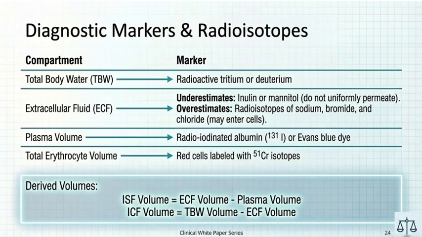Plasma volume is measured using a labeled albumin or dyes like Evans blue. Red cell volume is measured using chromium labeled RBCs. From these, we derive other compartments. Interstitial fluid equals extracellular fluid minus plasma volume, and intracellular fluid equals total body water minus extracellular fluid.